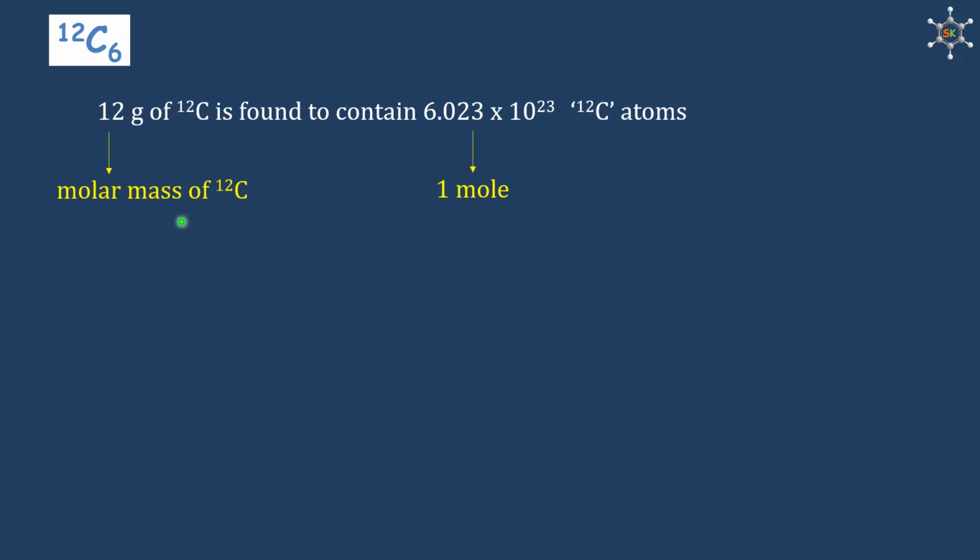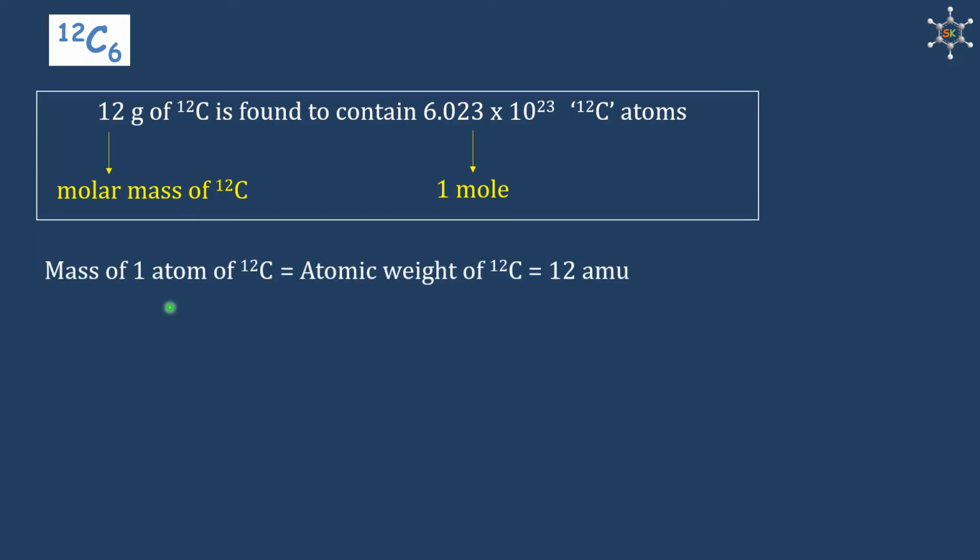While studying the relative atomic mass or atomic weight, we assign that the mass of one atom of carbon-12 is equal to 12 atomic mass unit, that is 12 AMU.